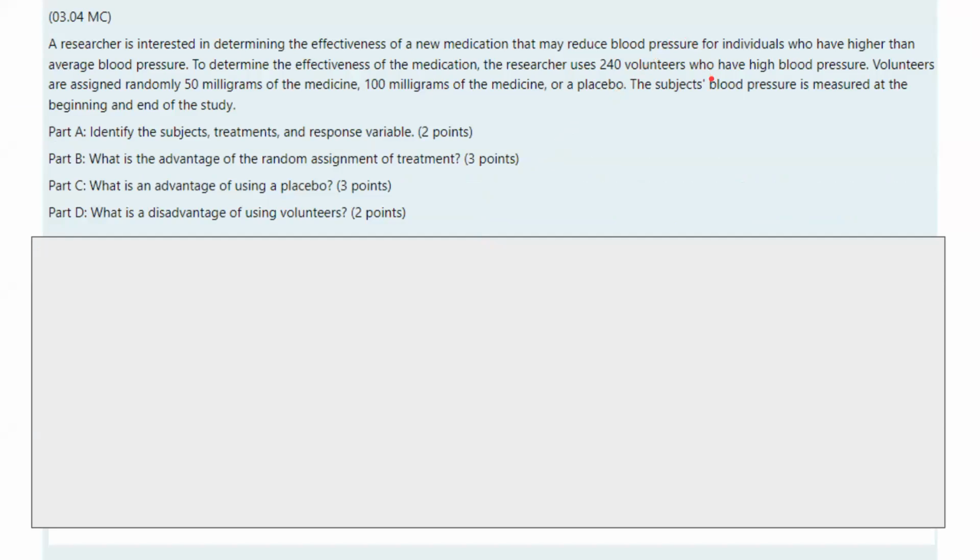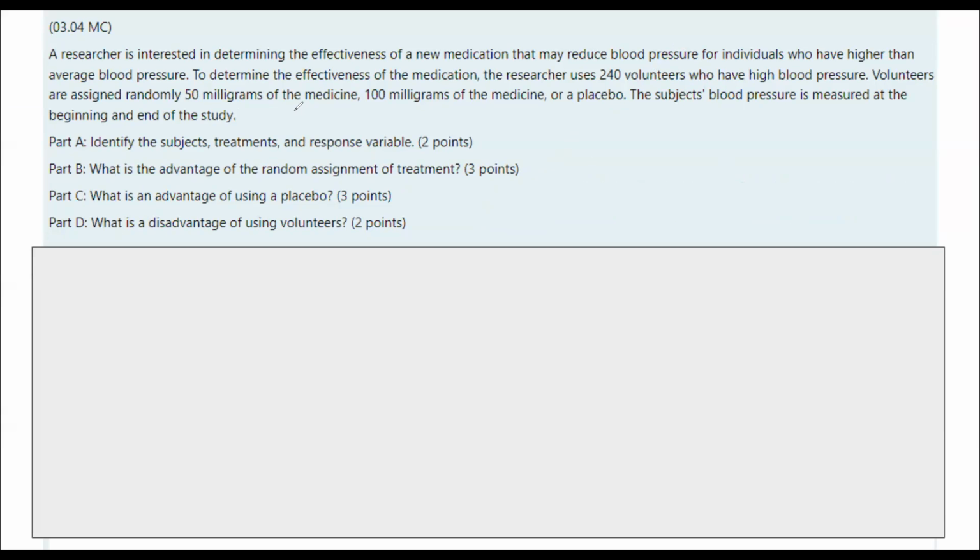So now we're looking at an FRQ question here. A researcher is interested in determining the effectiveness of a new medication that may reduce blood pressure for individuals that have higher than normal blood pressure. To determine the effectiveness of the medication, they use 240 volunteers with high blood pressure.